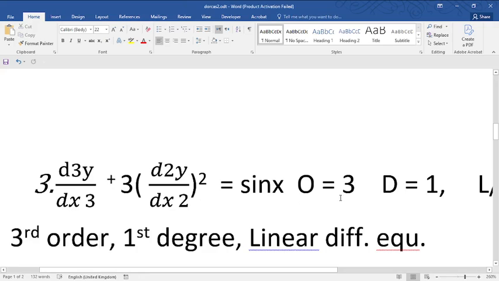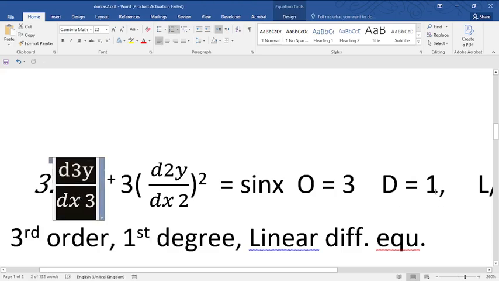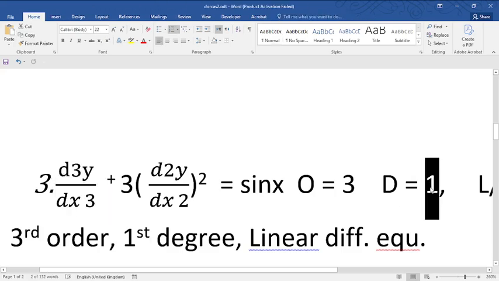It is raised to power 1, so that one is going to be our degree. Since the degree is equal to 1, it is definitely going to be a linear equation, so the name given to the equation now becomes third order, first degree linear differential equation.